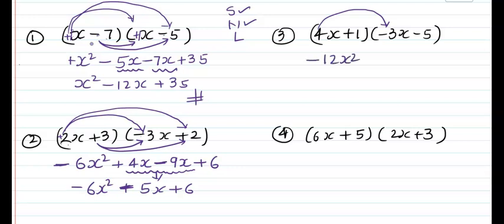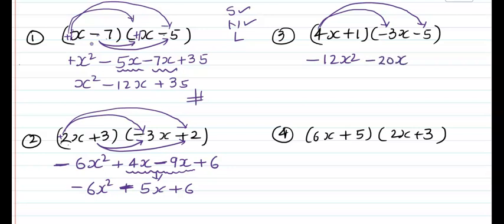Minus 12x square. Okay. Plus 4x and minus 5. Kush, when you multiplied, what did you get? Minus 20x. Thank you. Okay, that's fine.